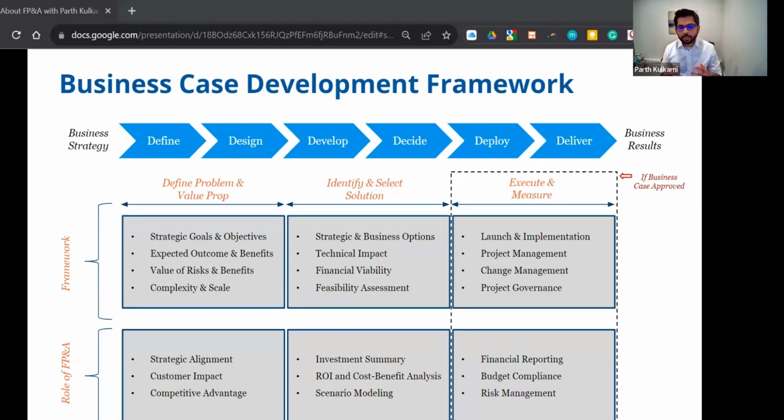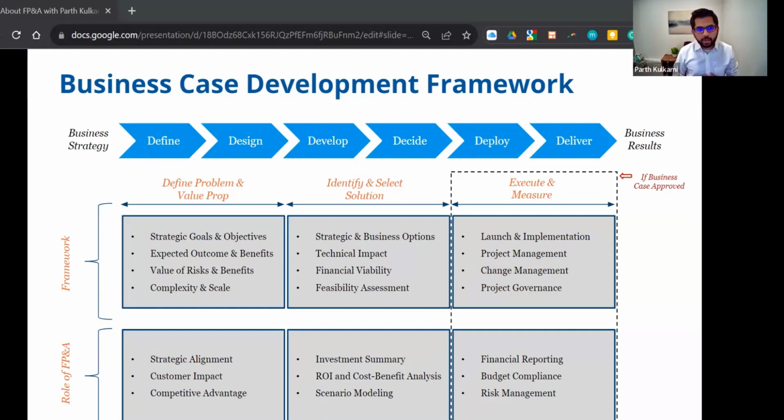It provides a consistent structure and set of metrics across all the different business problems the company is trying to solve for, and it gives the company an opportunity to objectively compare the different business opportunities in front of it, by looking at the cost, the benefits, the risks, and so on and so forth. So it's a standardizing framework that companies use to make decisions.